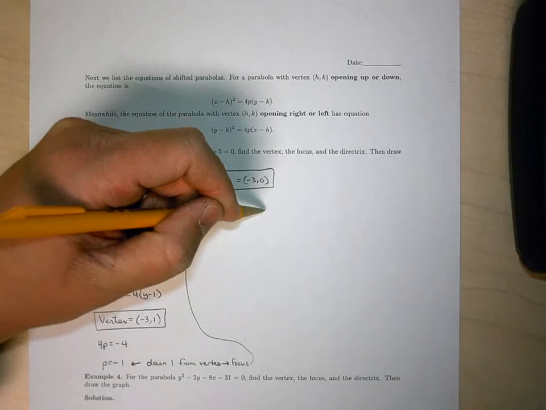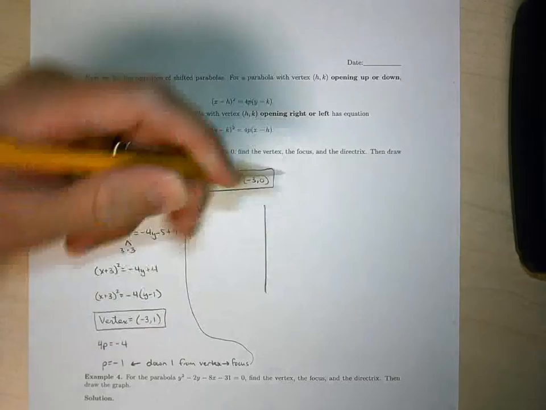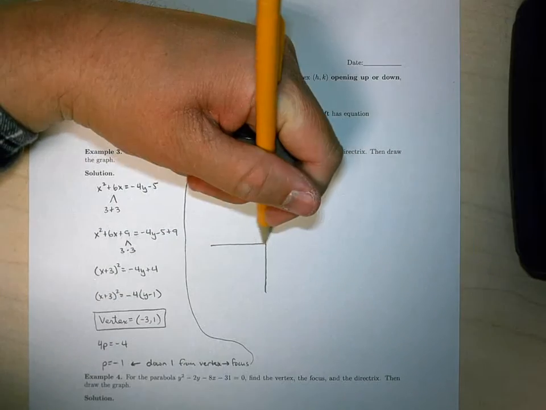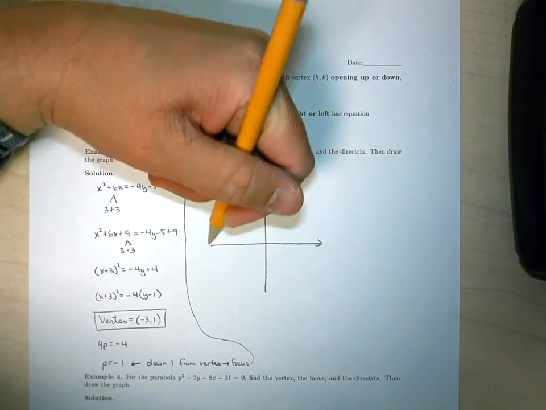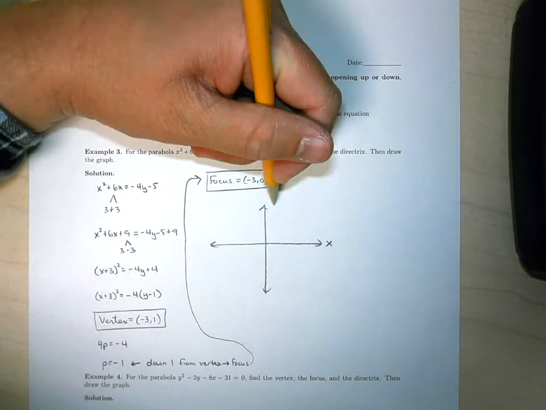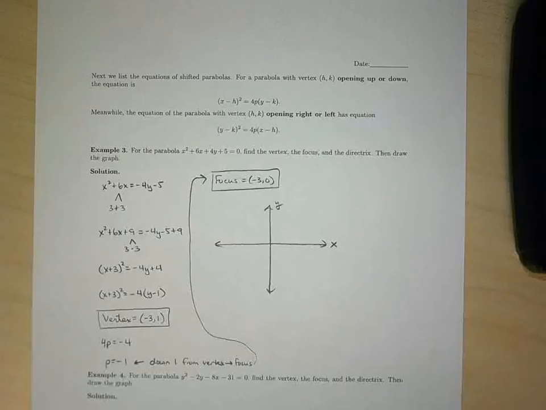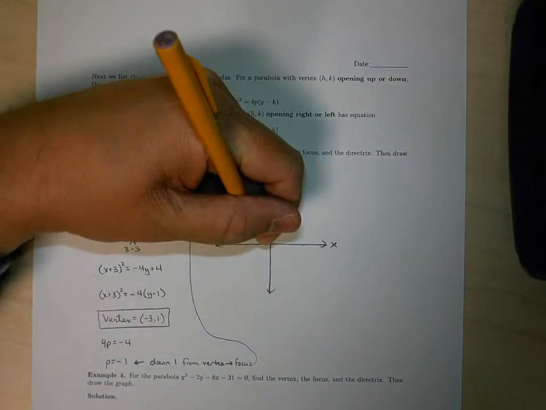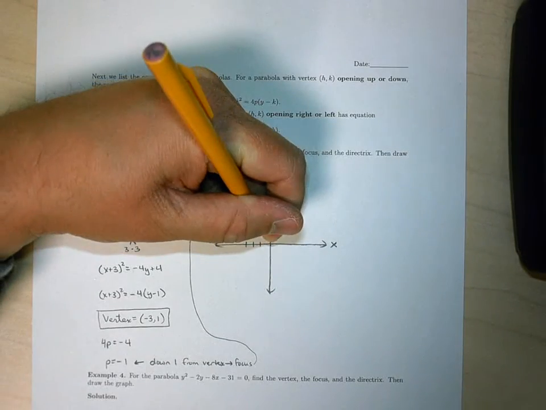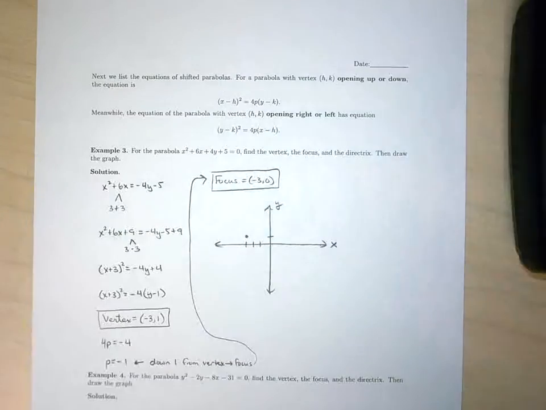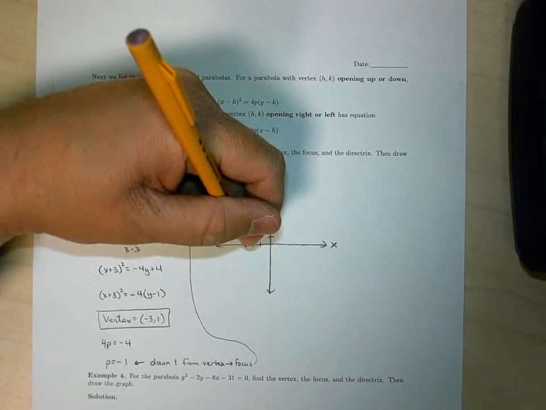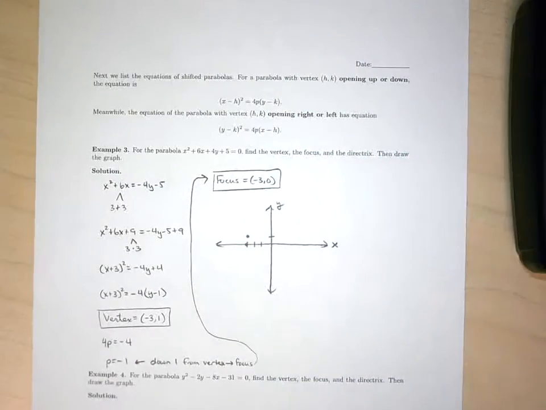Again, I think that the directrix is more easily found once we graph it. So let's go ahead and do that. So I have a vertex at negative 3, 1. I have a focus at negative 3, 0. And let's remember, how does this help us?